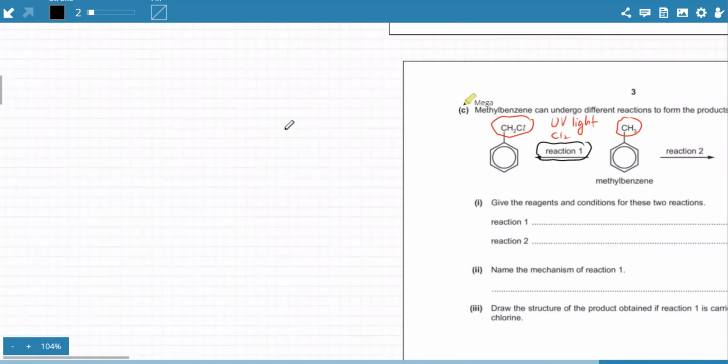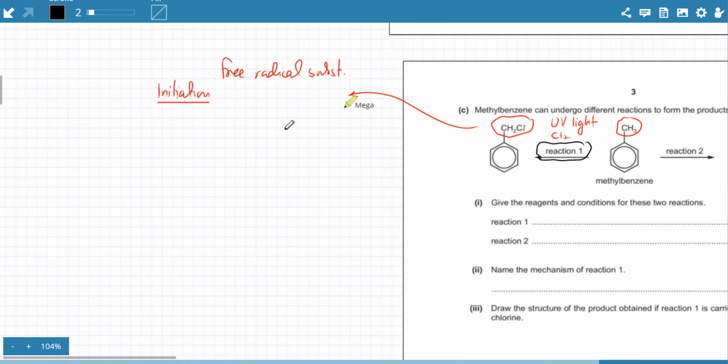Just briefly going over what happened in free radical substitution. Step number 1 is initiation. Remember, we need to revise all of organic and AS.